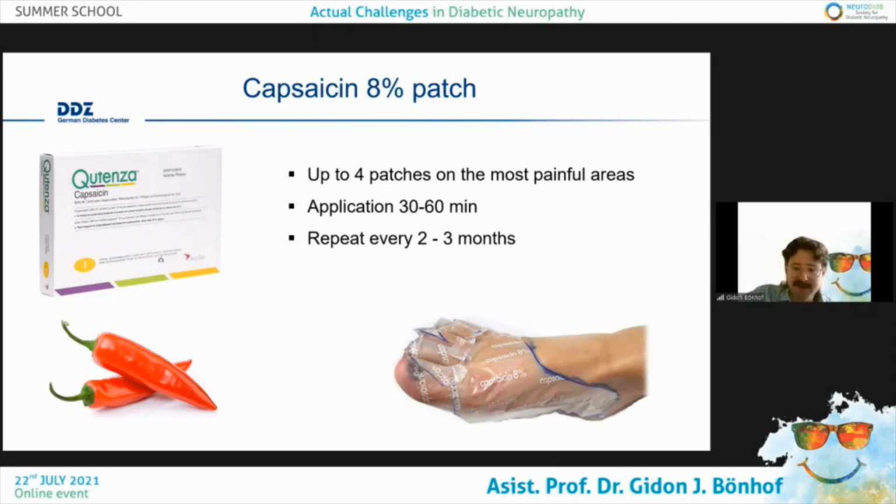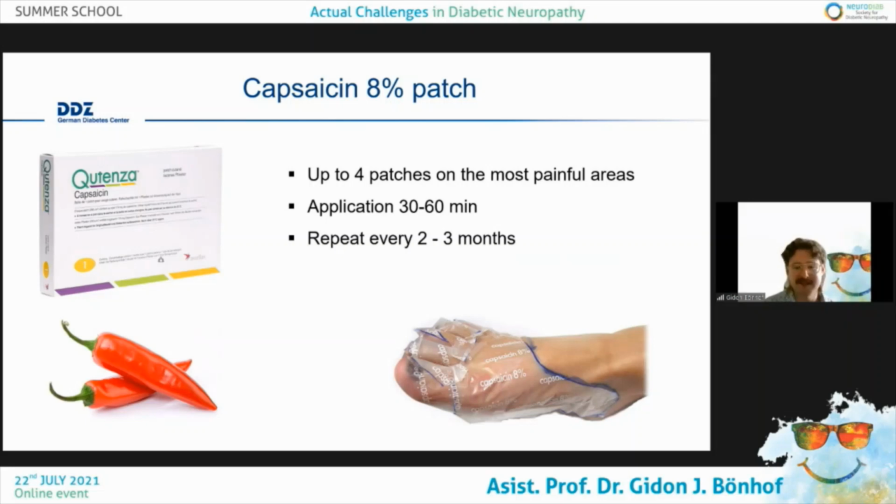In my experience, it's a useful treatment option in patients with evoked pain, like allodynia. So you touch the skin and the normal touch sensation is painful for those patients. And I use it especially in those patients because it kind of kills those maladaptive nerve fibers in the upper layers of the skin.